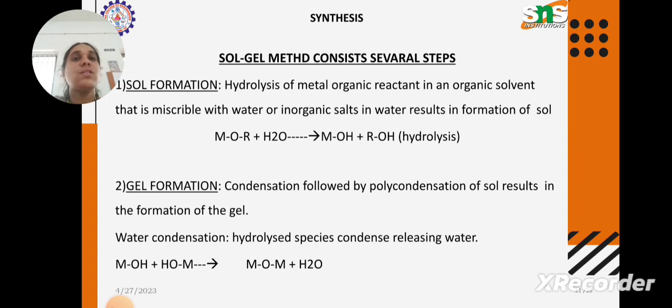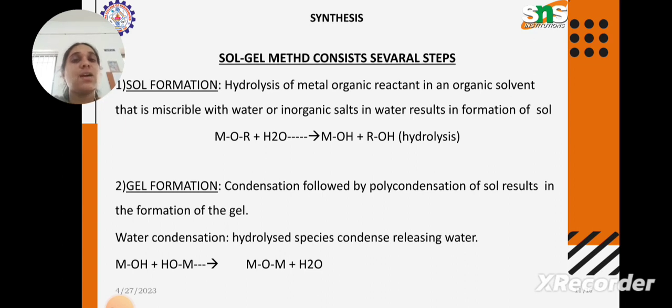Sol formation: the hydrolysis of a metal organic reactant in an organic solvent that is miscible with water, or of inorganic salts in water, results in the formation of a sol. That is the hydrolysis step. Gel formation: the condensation followed by polycondensation of the sol results in the formation of gel.